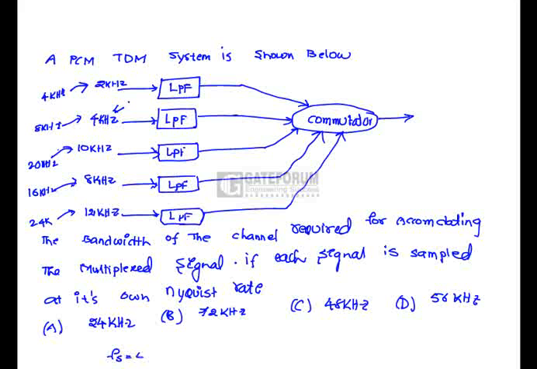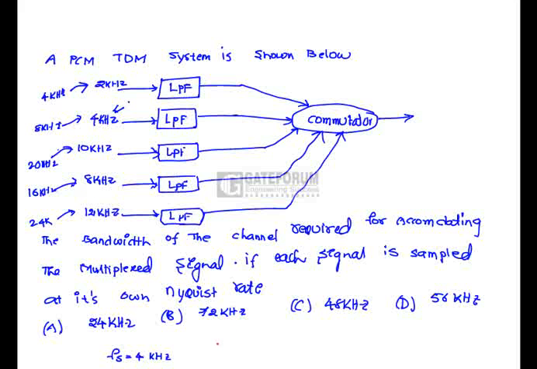The first signal must be sampled only once per sampling time. But the 4 kHz signal must be sampled twice, the 10 kHz signal 5 times, this one 4 times, and this one 6 times.